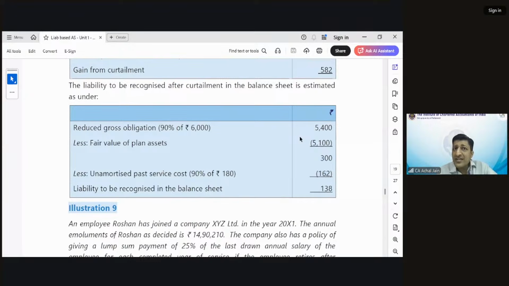So if you adjust this deferred cost against the liability, what do you get? 138. So 138 is the liability that you will have in the balance sheet. Clear on this? Everyone clear? So this is how you will be presenting this in the balance sheet. Okay? Clear? Everyone?